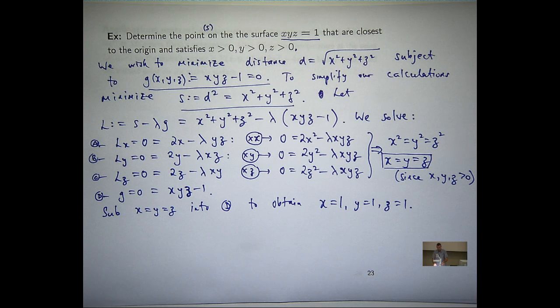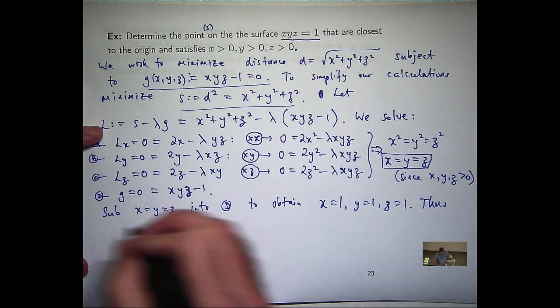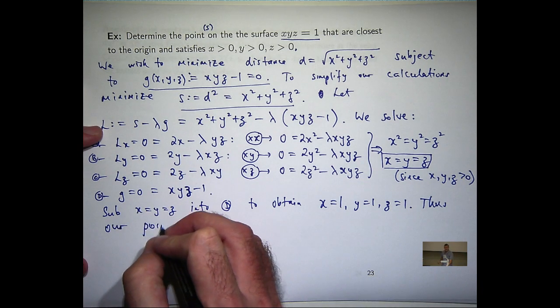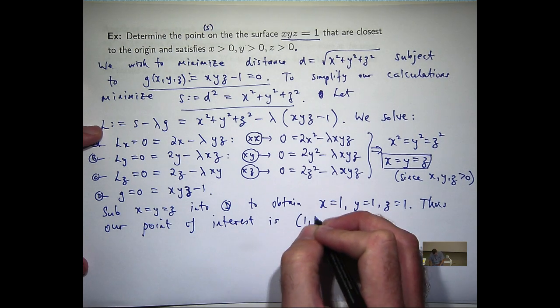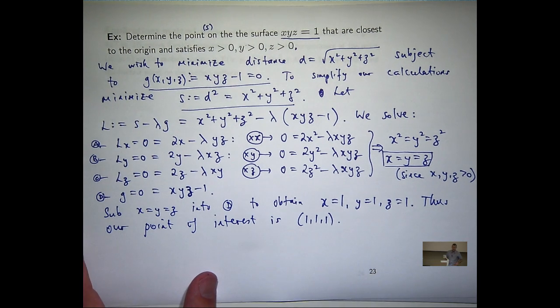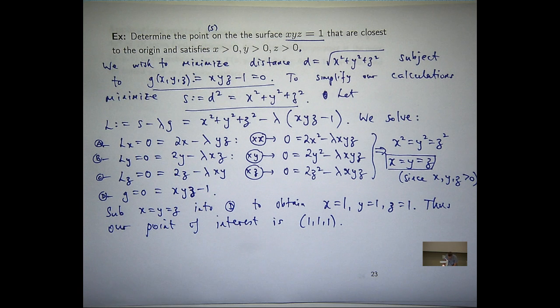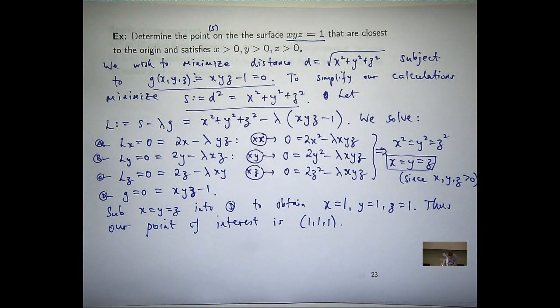Okay, so let's identify our point of interest. All right, so we've determined the point on the surface, there's only one of them, that has positive components, and it lies closest to the origin.